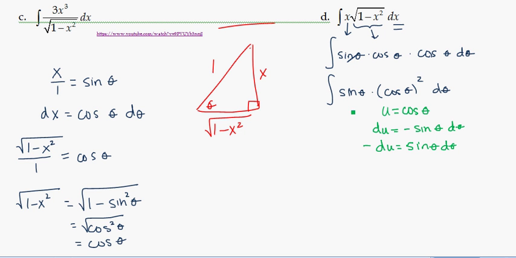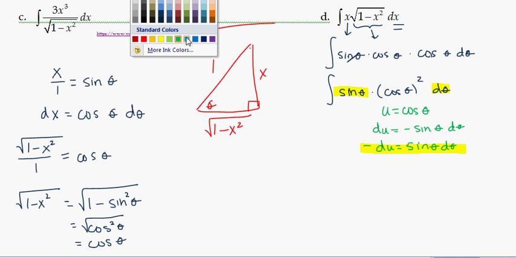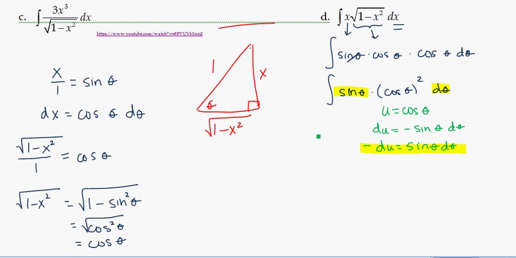Okay, so the sine of theta d theta is going to be replaced with a negative du. Oh, I guess I am green still. Okay, so cosine squared is just u squared, and then the negative du is my sine of theta d theta.